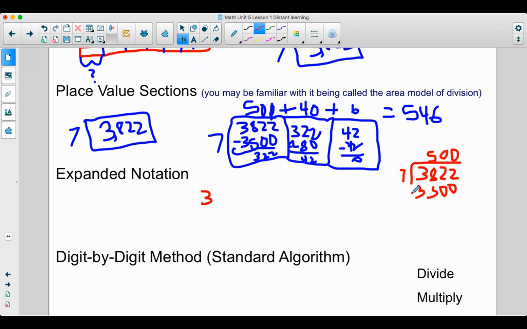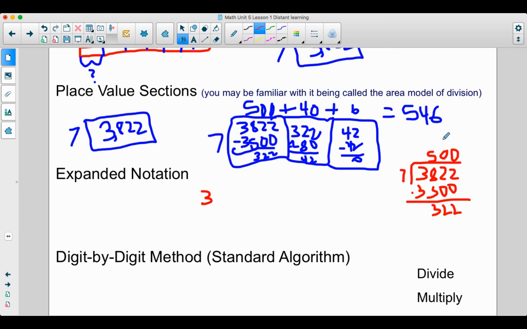When I subtract that, I have 322 remaining.